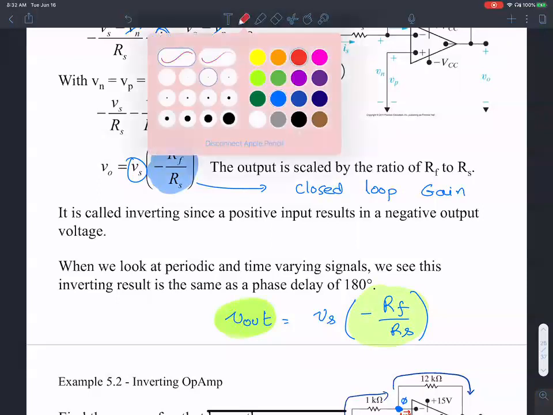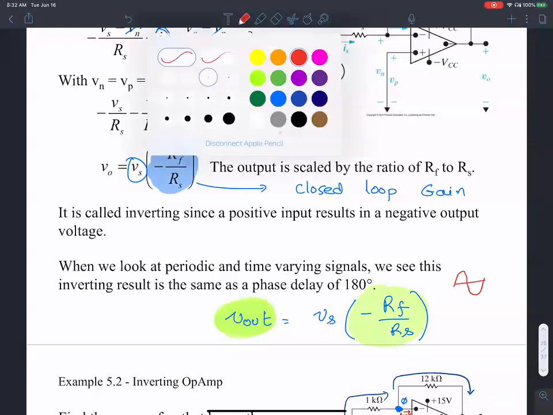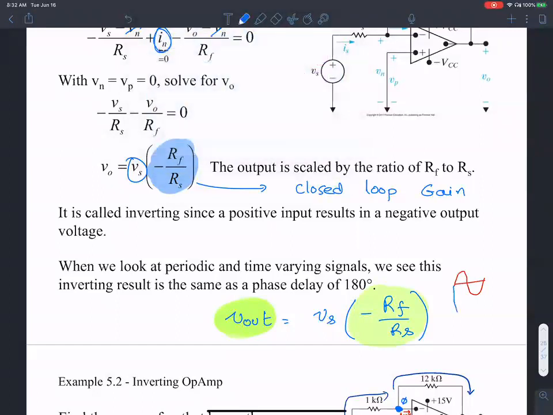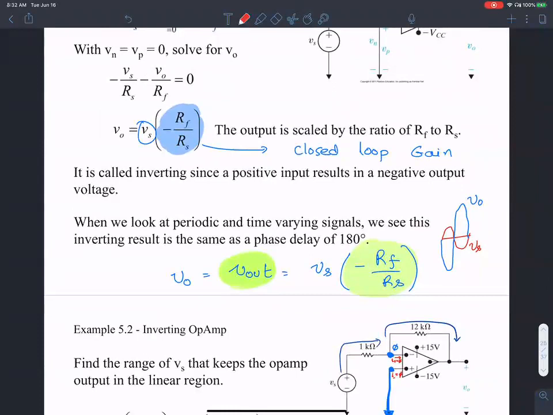Okay, if the input is like so, the output is going to be an inverted and amplified version. So this guy is V output or VO. I use these terms interchangeably. This guy is Vn. Okay, Vs is the input voltage. Questions, please.